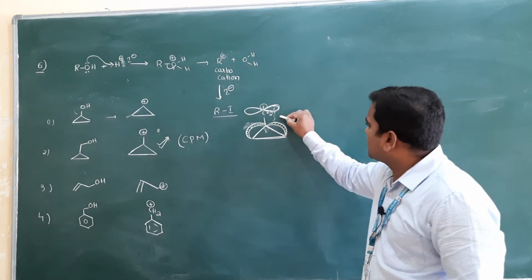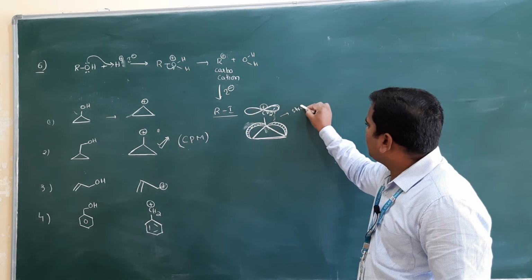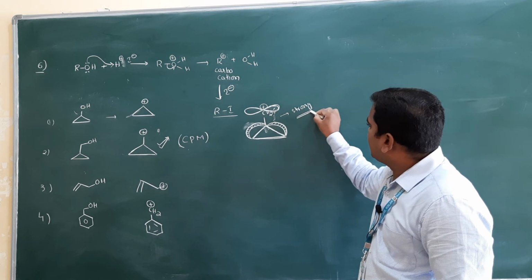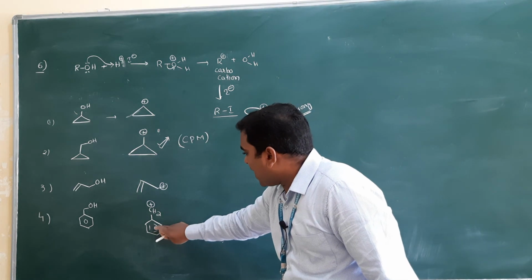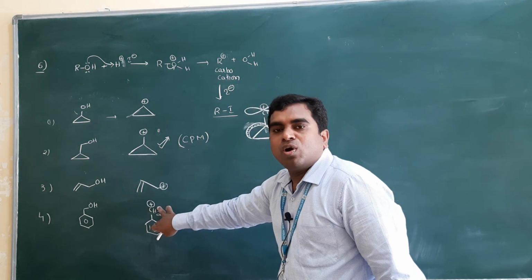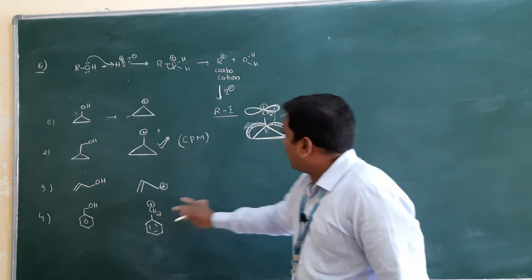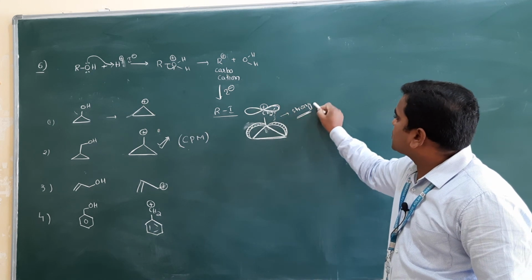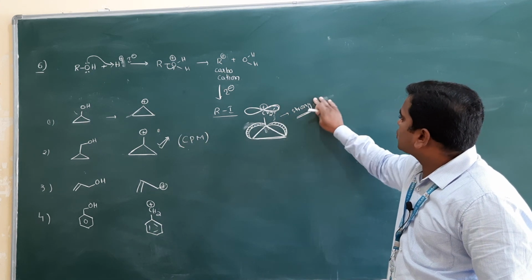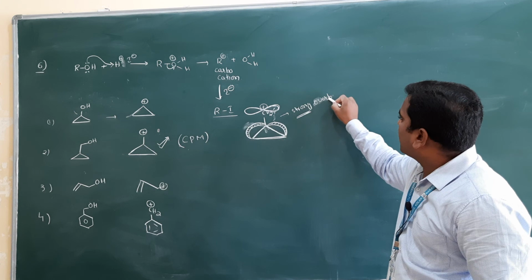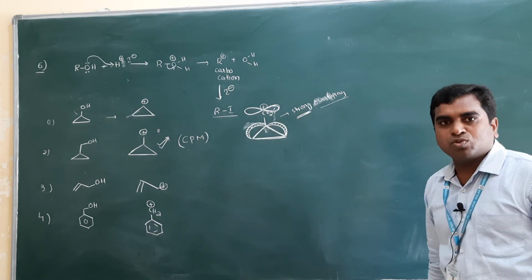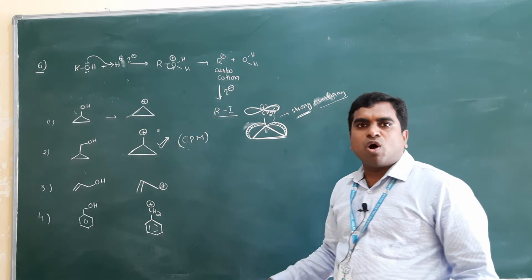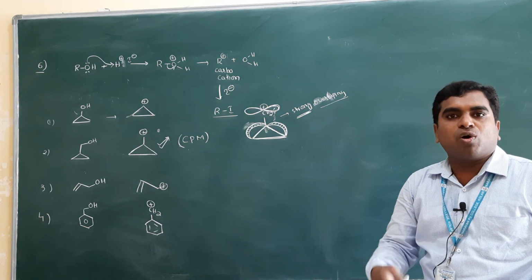This overlap is very strong, very strong compared to the overlap of pi electrons and an empty p orbital. So it is very strong overlapping, not a bond, overlapping. Clear? If the overlapping is strong, the carbocation is more stable.